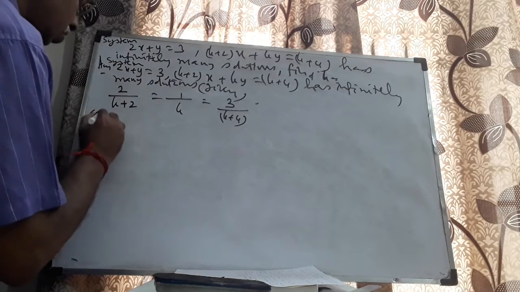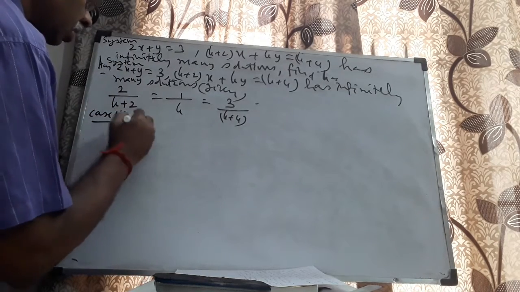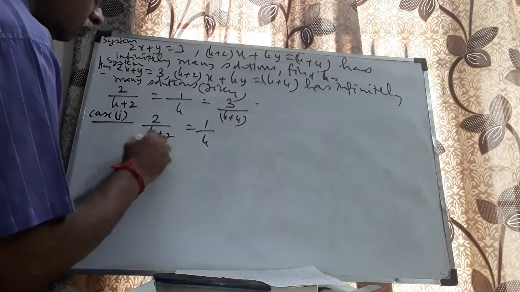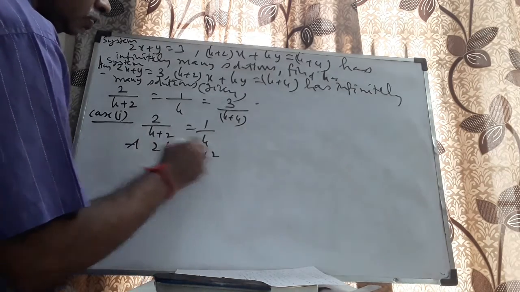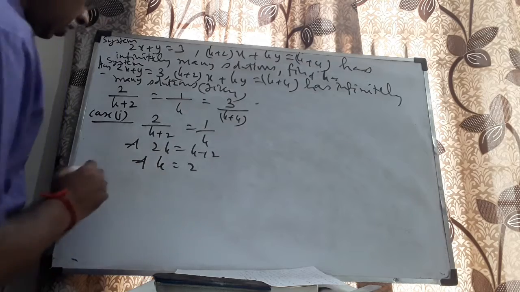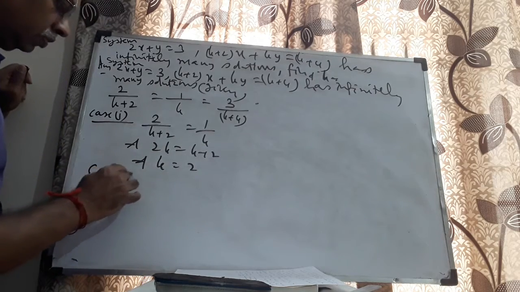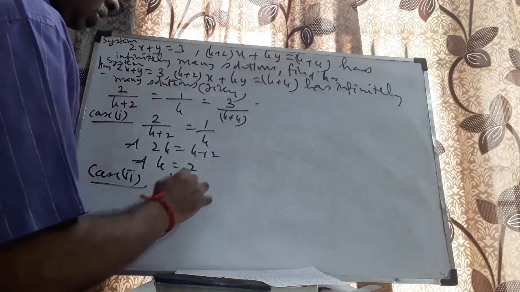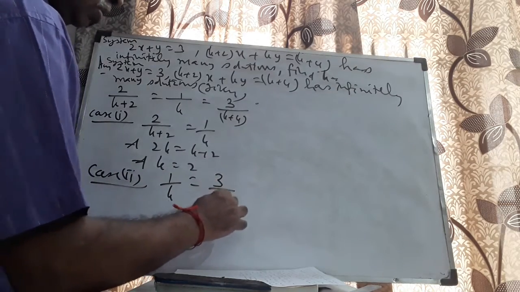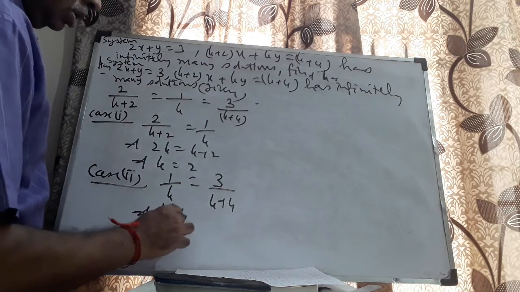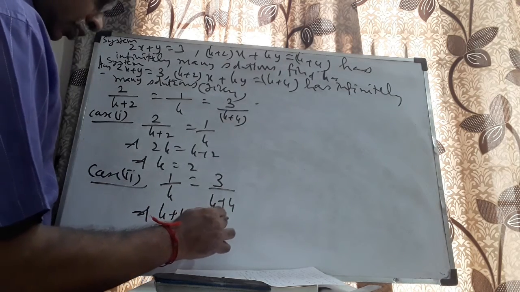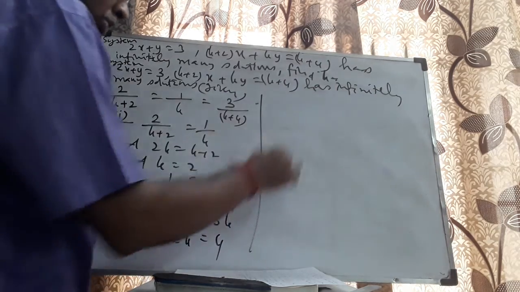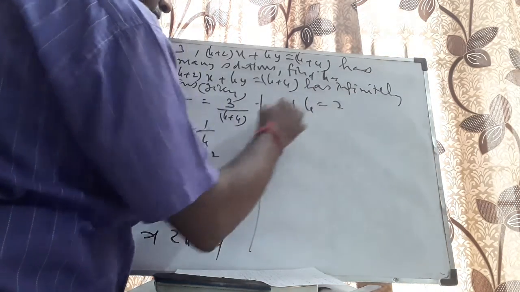Okay, let me take all the three possibilities. Case 1: 2 by k plus 2 is equal to 1 by k, which implies 2k is equal to k plus 2, which implies k is equal to 2. Case 2: 1 upon k is equal to 3 by k plus 4, which implies k plus 4 is equal to 3k, which implies 2k is equal to 4, which implies k is equal to 2.